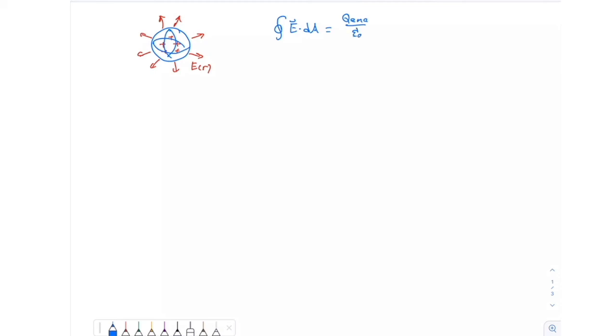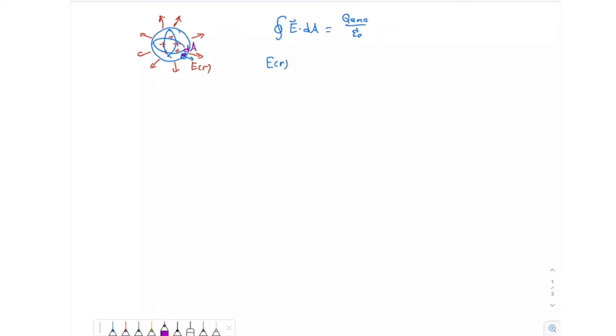It looks like this. My diagram is going to tell me how to write the left side of this expression. For the left side, I'm going to have the electric field that I identified leaving the surface, E of r, and at any little point with an area dA, let me write that in a different color so we can see it.